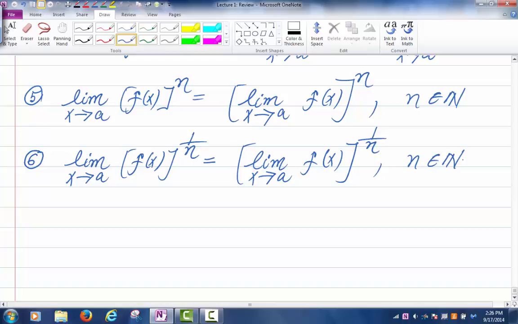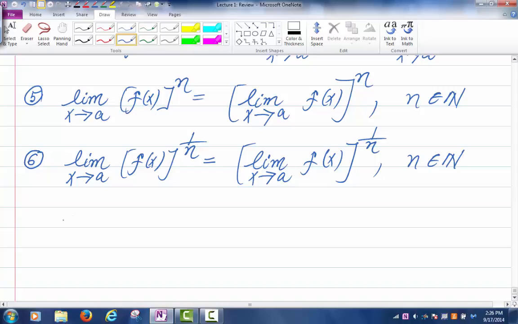However, there is a little bit of problem with number 6, which is if n is even, like if you're taking a square root, what if the limit of f is negative? If the limit of f is negative, then you cannot take an even root of that, right? So we have to say something about that.